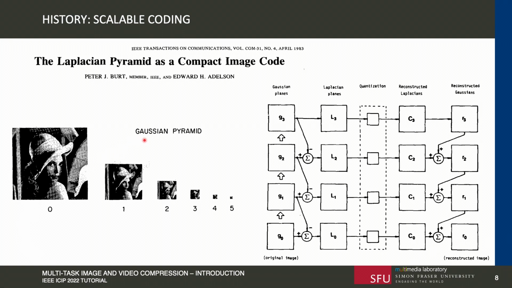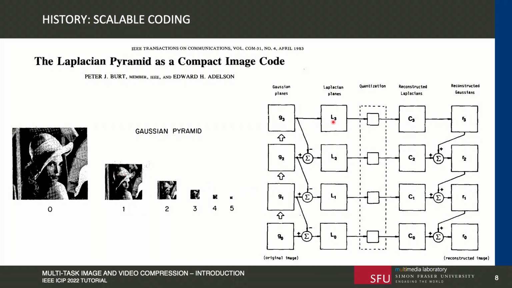The authors define a Gaussian pyramid that contains a multi-resolution representation of the input image, where level 0 is the input image at the original resolution, level 1 is the image at a lower resolution, and so on down to some very low resolution. Then the Laplacian pyramid is defined as the set of differences between a low resolution image upsampled to the next higher resolution level and the image at that level.